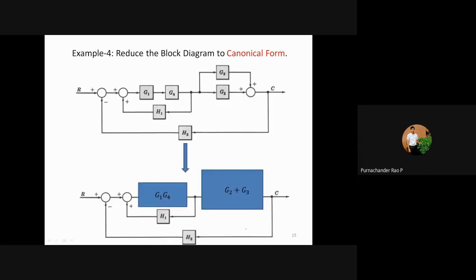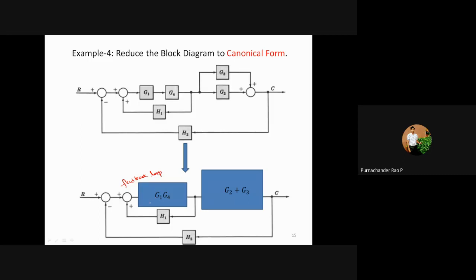Next. Now, here these two I'm clubbing into one block, which is G1 G4, and these two are connected as G2 plus G3. Okay? Next. Now, if you observe the first block here, it looks like a feedback path. So this is a feedback loop.